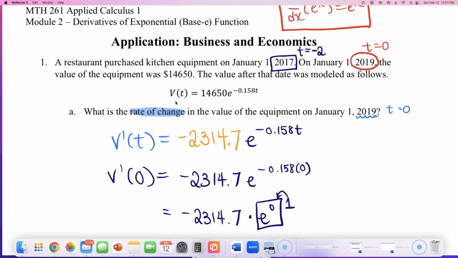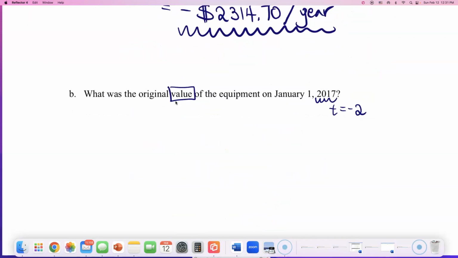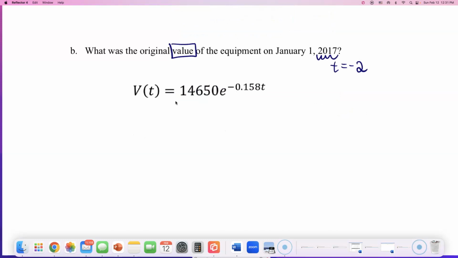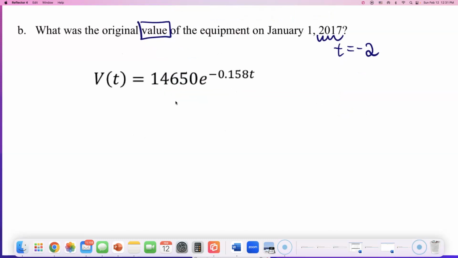Not the derivative function that we came up with, but this value function, because that V of t gives us how expensive this machine is. So look, we're going to find the price 2 years before this date by plugging in negative 2. If you were to find the price after 2 years, then we plug in positive 2. But 2017 was 2 years before our base year.